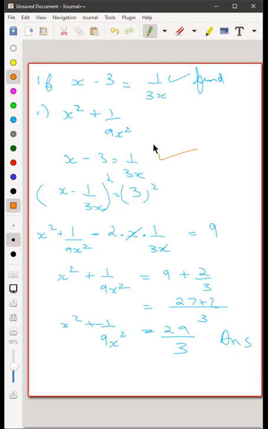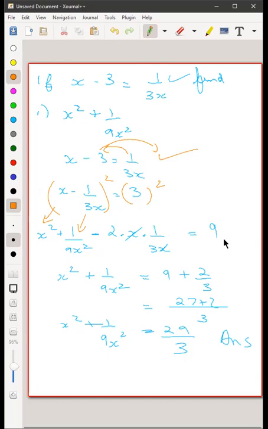Then we took this to the other side and we took this to the other side. So we have x minus 1 upon 3x is equal to 3. Then we square both the sides. Squaring this, we get x squared plus 1 upon 9x squared minus 2 into x into 1 upon 3x, because it's minus 2ab, right?